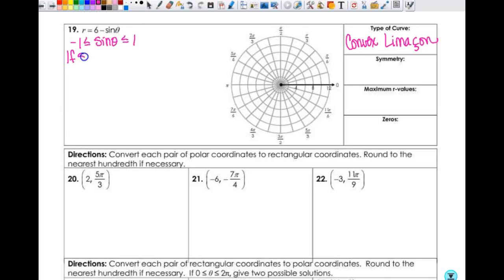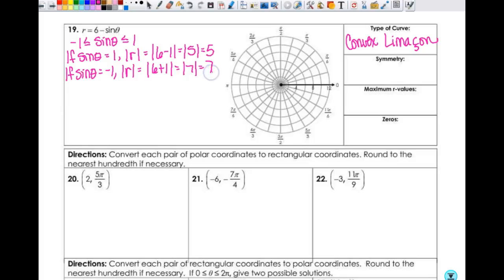So if sine theta is equal to 1, then the absolute value of r is equal to the absolute value of 6 minus 1, which is the absolute value of 5, which is 5. Then if sine theta is equal to -1, the absolute value of r is equal to the absolute value of 6 plus 1, which is the absolute value of 7, which is 7.